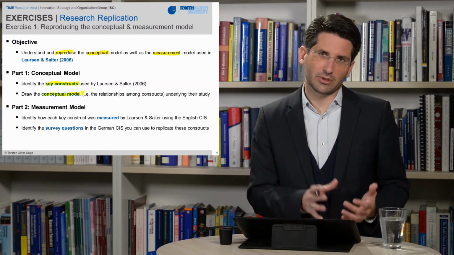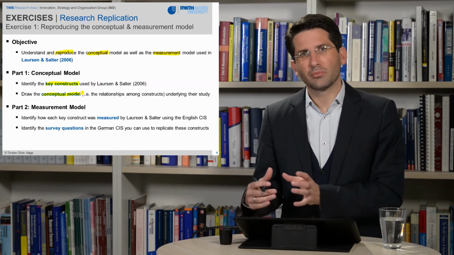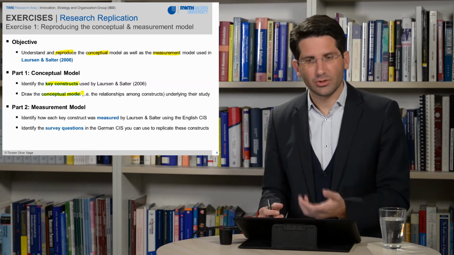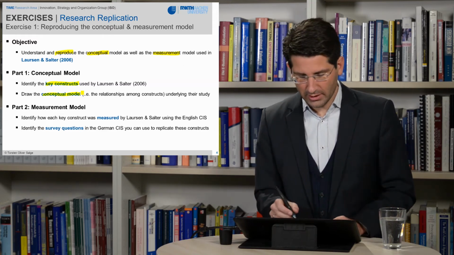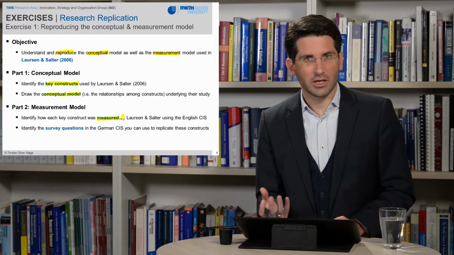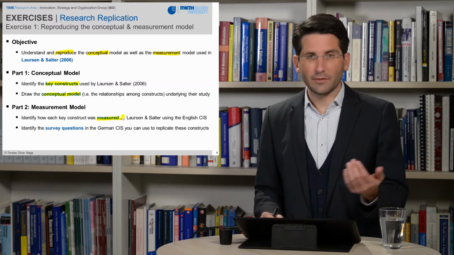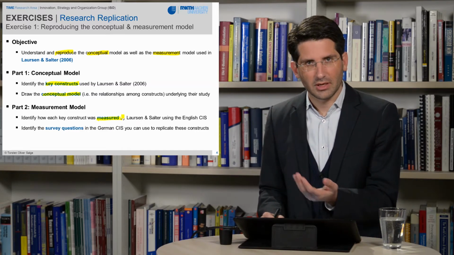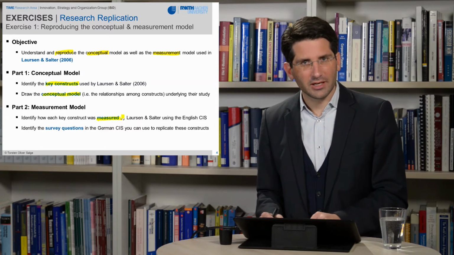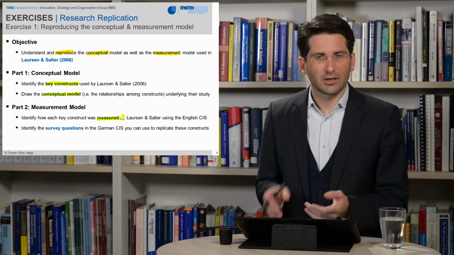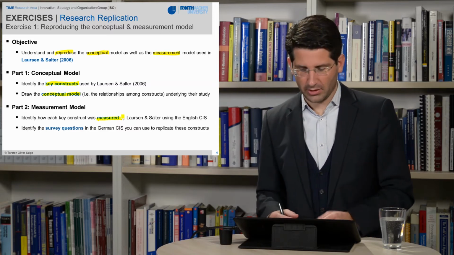And once you've developed your conceptual model, please prepare the measurement model as used in Lawson and Salter. So identify the measures for each of the key constructs. If you say that openness is a key construct, then how did they measure openness precisely? Find the question they used. Find the corresponding question in the German questionnaire.